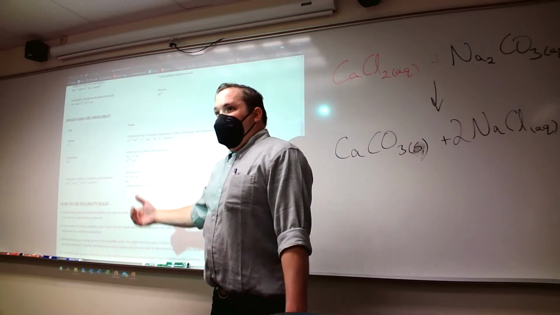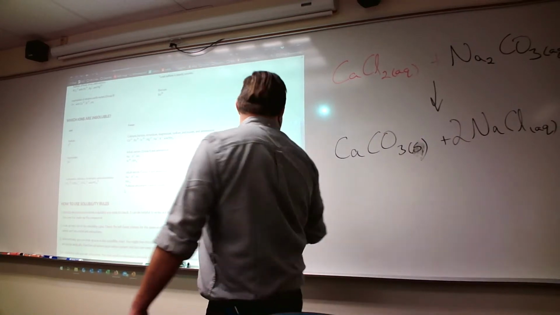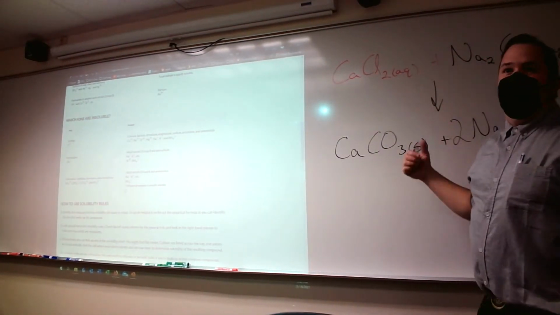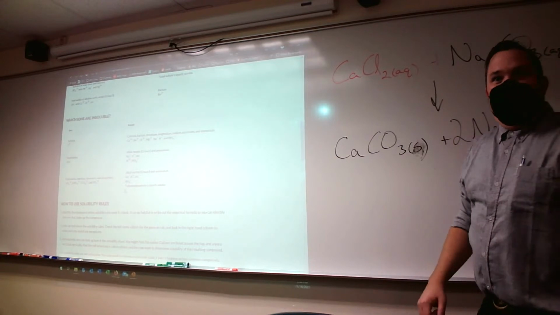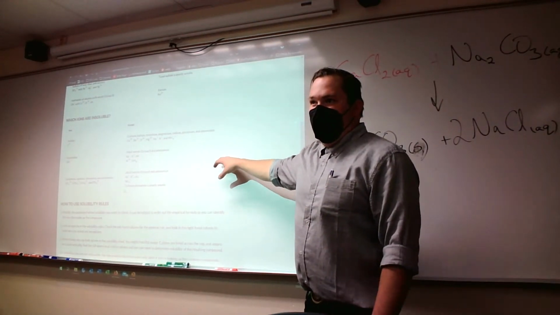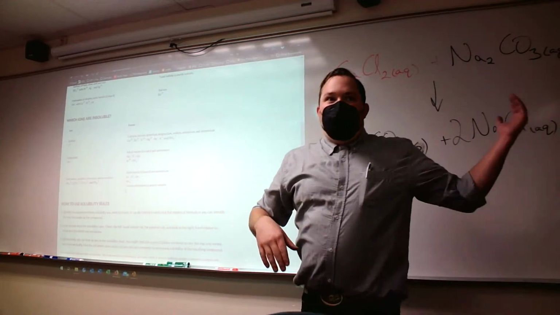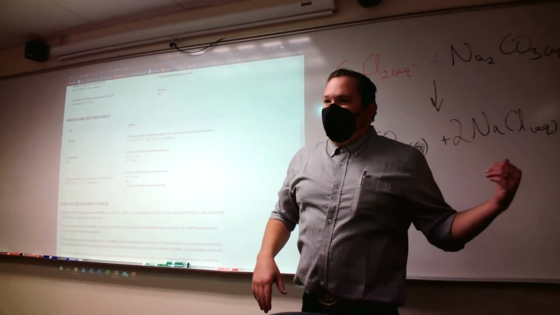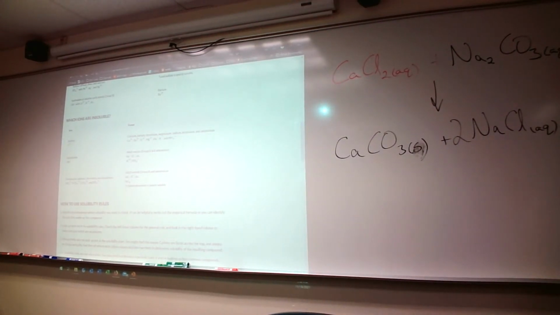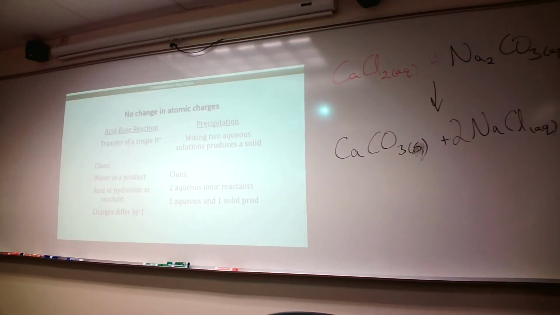As you get better at this, you'll be able to do things like, if I say, okay, this is a precipitation reaction, what is it going to make? That's when you would have to get a list of solubility rules and say, okay, what possible combinations do I have? Is there anything that's insoluble? So we'll practice that in lab. But at this point, we don't need to worry about it.